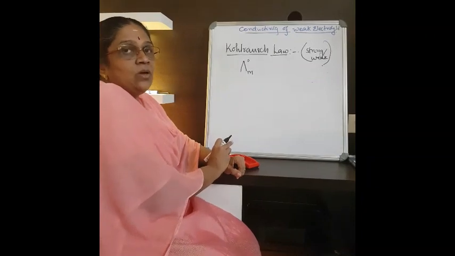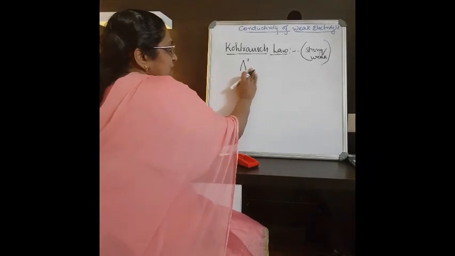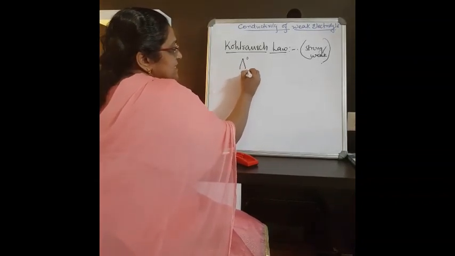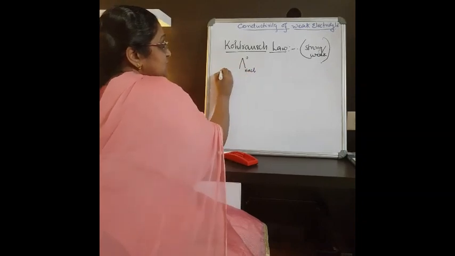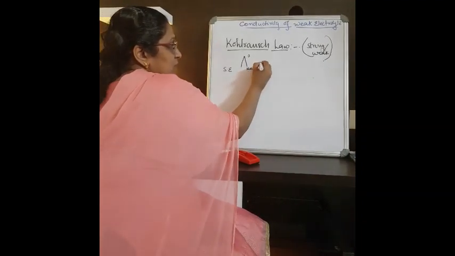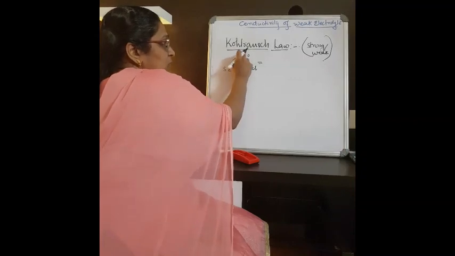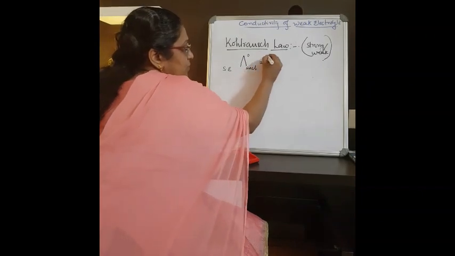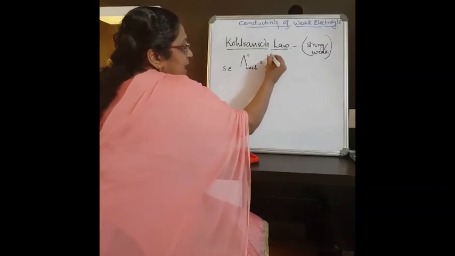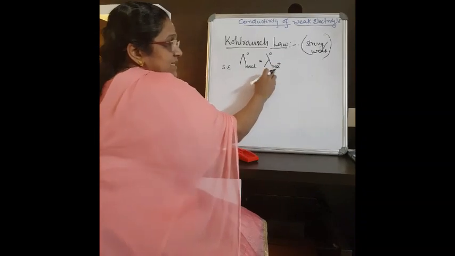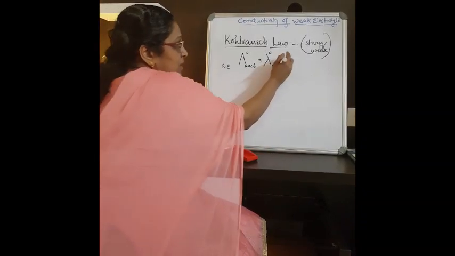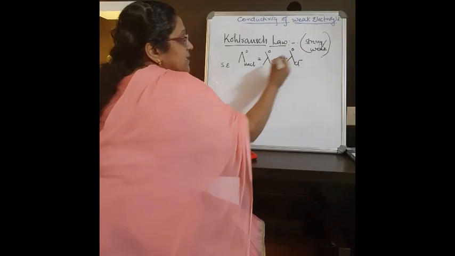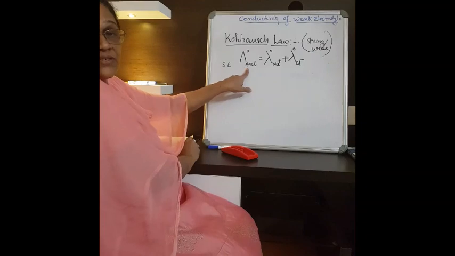Once again, I will tell you with an example. For example, lambda 0 m of NaCl, this is a strong electrolyte. Kohlrausch says that the limiting molar conductivity of NaCl is equal to the summation of the lambda 0 of Na plus, the respective cation, plus lambda 0 of Cl minus. This is what Kohlrausch law states.